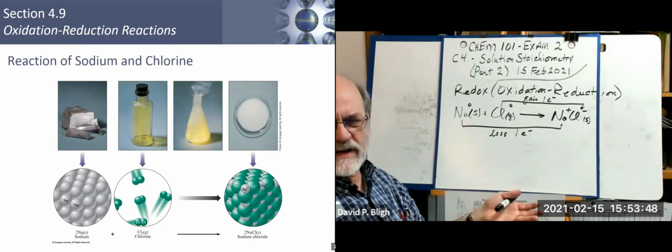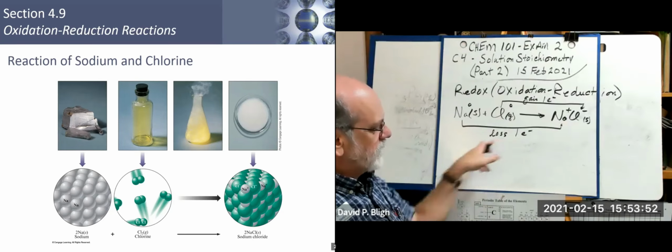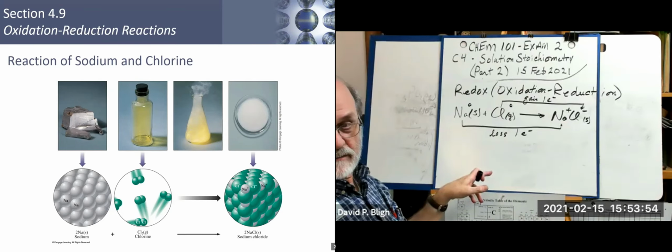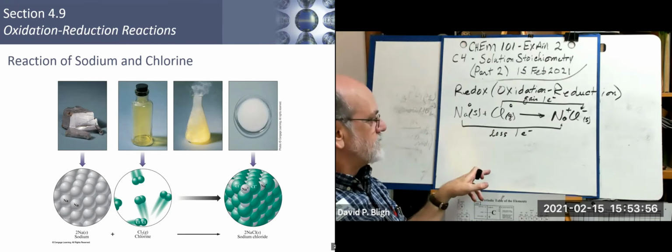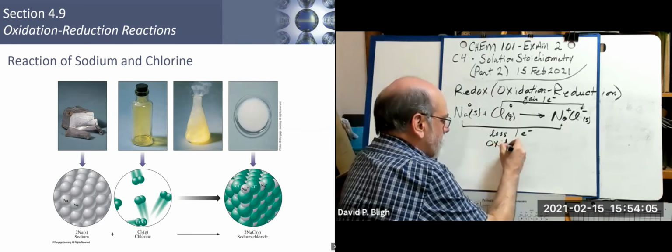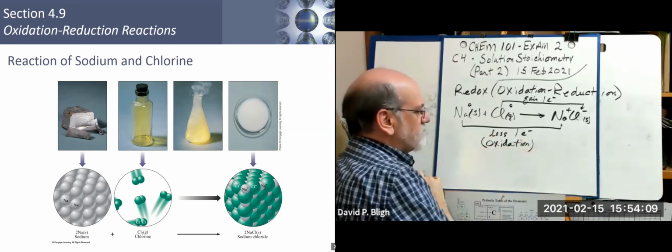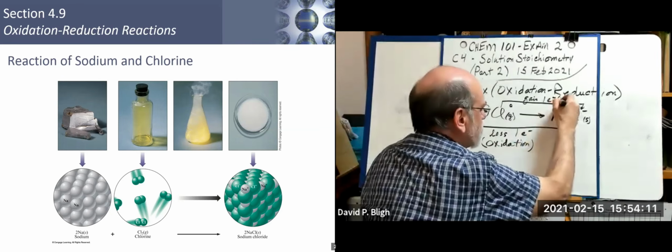Now, why do we call them redox? Well, this process, the loss of an electron, is oxidation. That process is oxidation. This process is reduction.